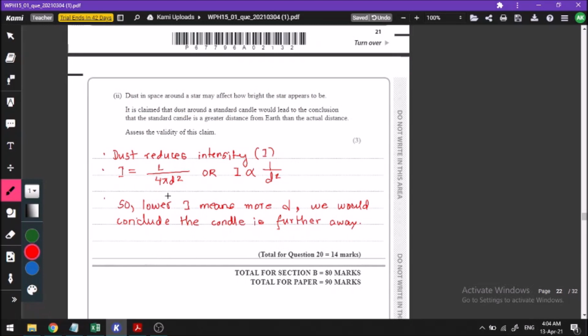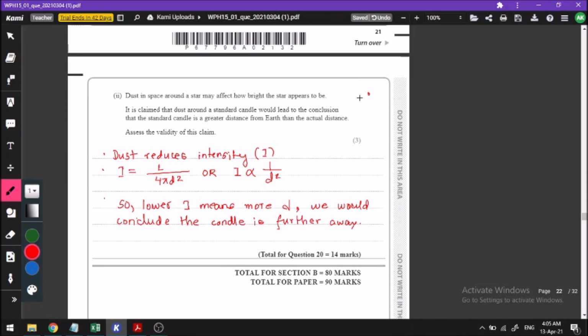So in this question they are asking what happens when we observe a star that is covered by dust, what happens to its calculated distance. So what we do is we observe how bright a star is. Generally, if you see a car on the road and you see that the light is very faint, then you understand that the car is very far away.